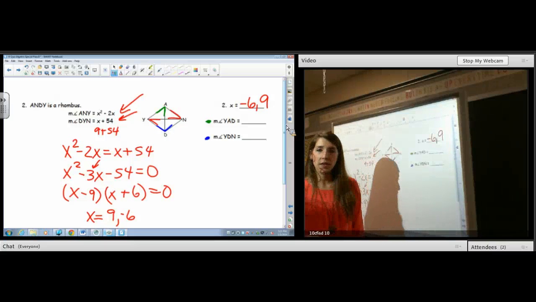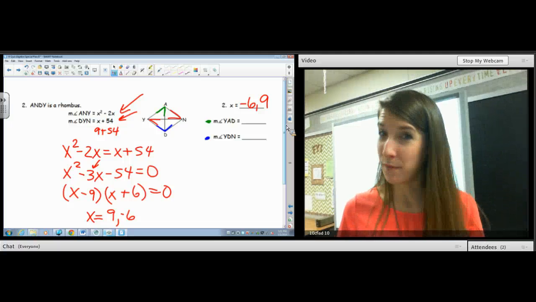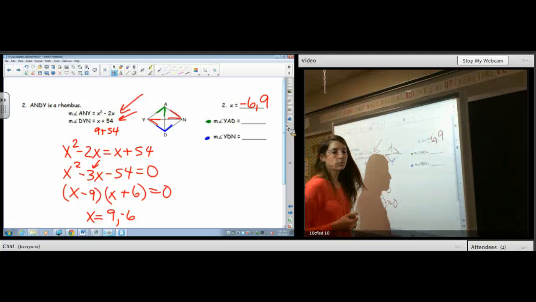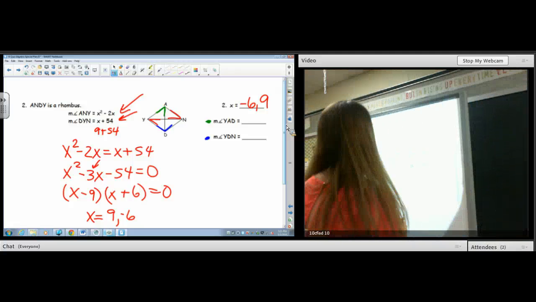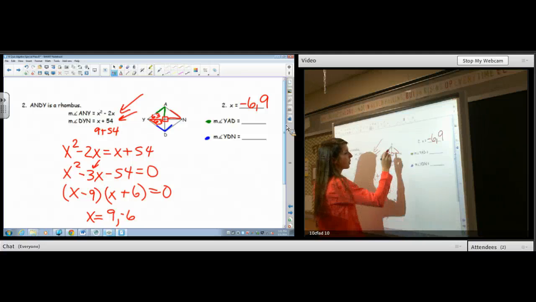Now, I know something about a rhombus. I know the diagonals bisect the angles because you've memorized that. So I know that in a rhombus, if my angle is 63, then this angle is also 63. I also know in a rhombus that my diagonals are perpendicular.